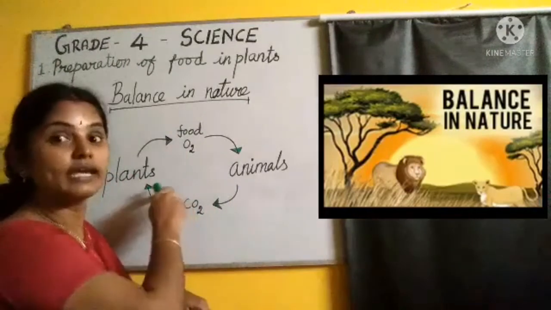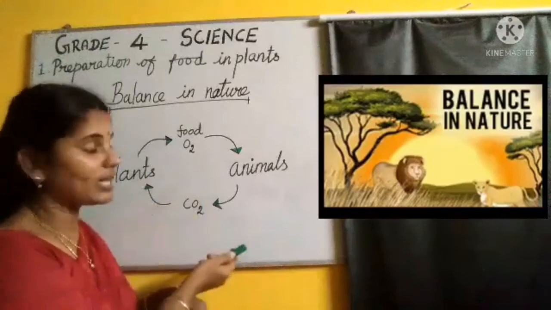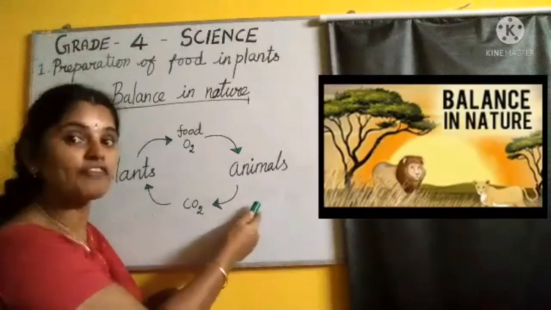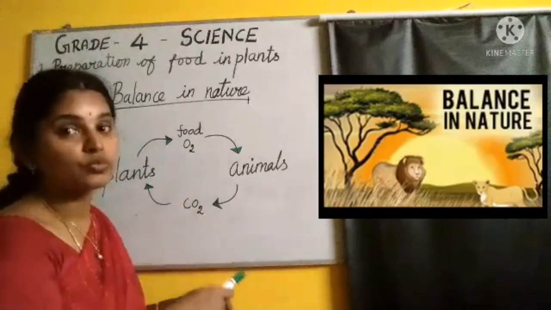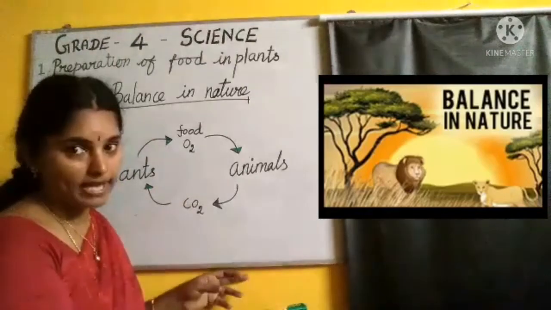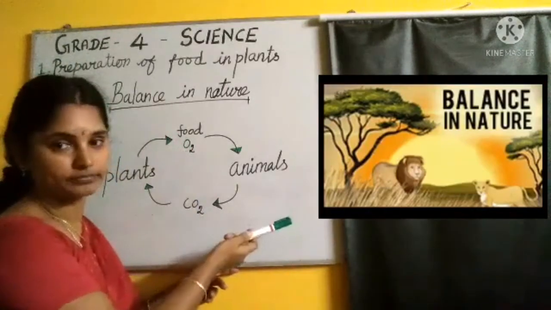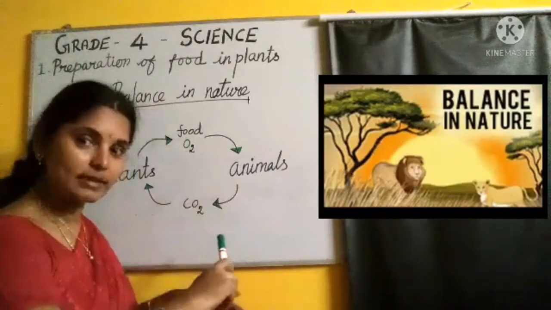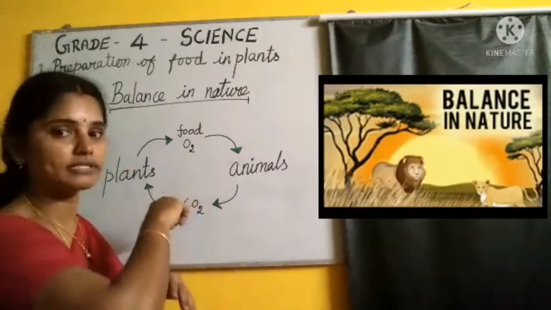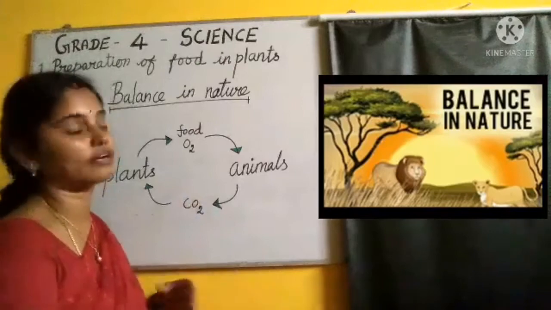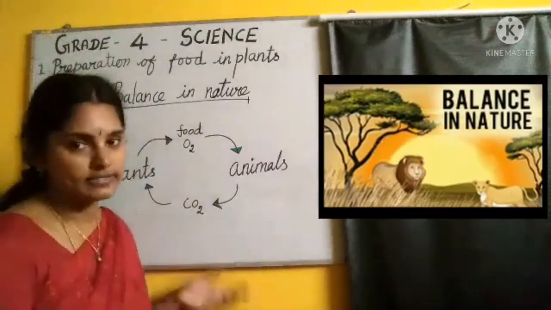So the balance gets disturbed. In the same way, if all of a sudden the number of animals increases, the plants would not be able to supply enough oxygen and food to animals. As a result, the balance gets disturbed. Are you clear, children? If the number of animals increases, the balance also gets disturbed. If the number of plants increases, then also the balance in nature gets disturbed.